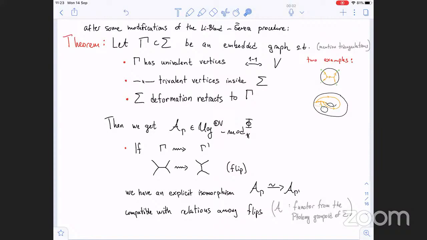And the claim is that the composition of all these isomorphisms is the identity at the end. So one can say that this functor, which gives you the algebras, is a functor from the Ptolemaic groupoid of sigma, which is just the groupoid where objects are these graphs.